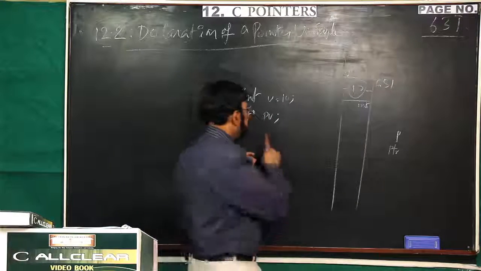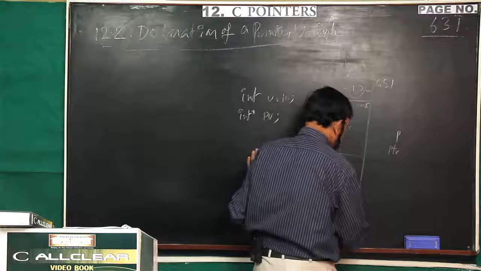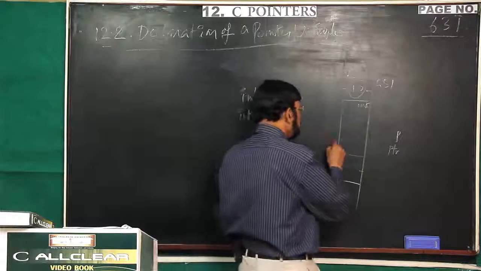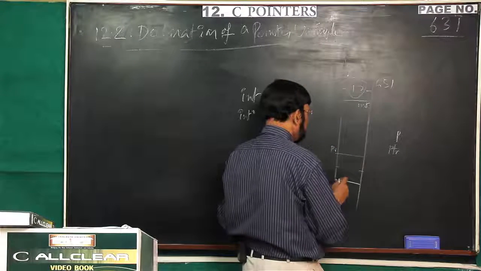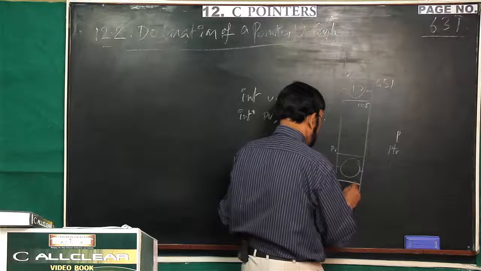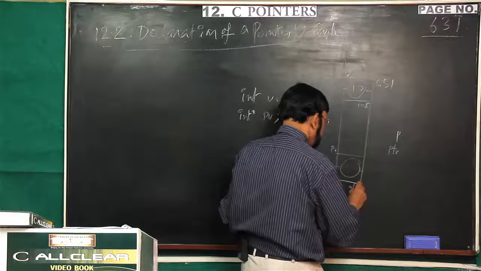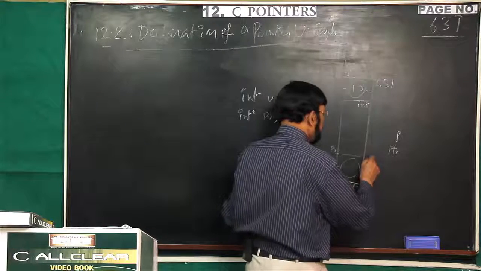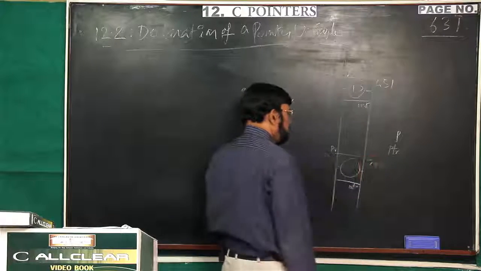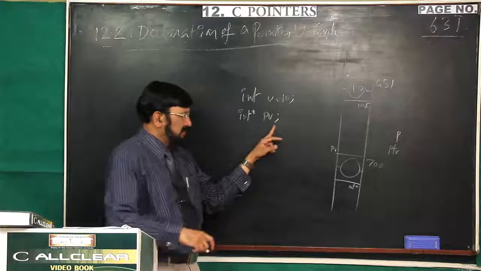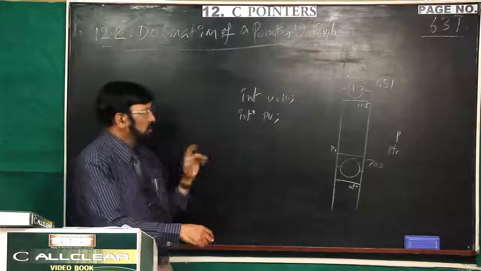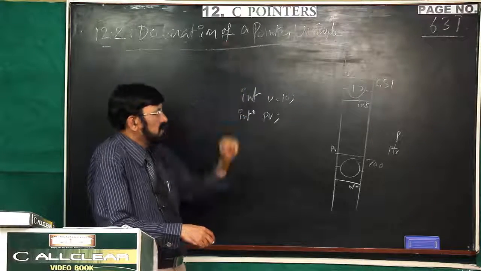Now, what happened? This is also a variable. On this declaration, one variable is created. And what is its type? Integer type pointer. And obviously, it has an address. Now, one more thing you must remember in this context.